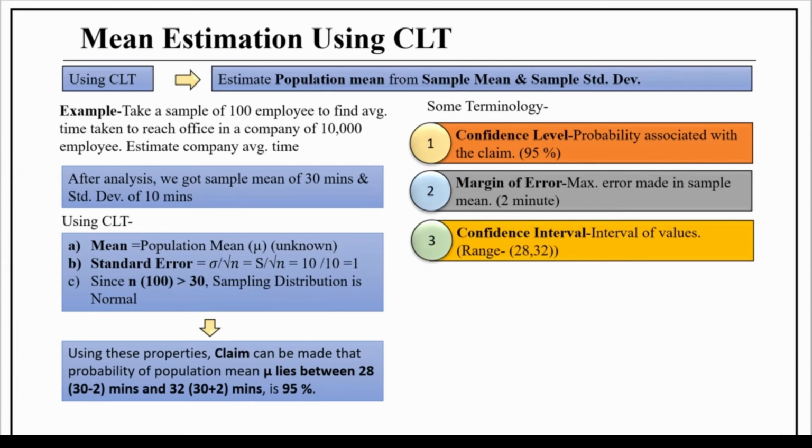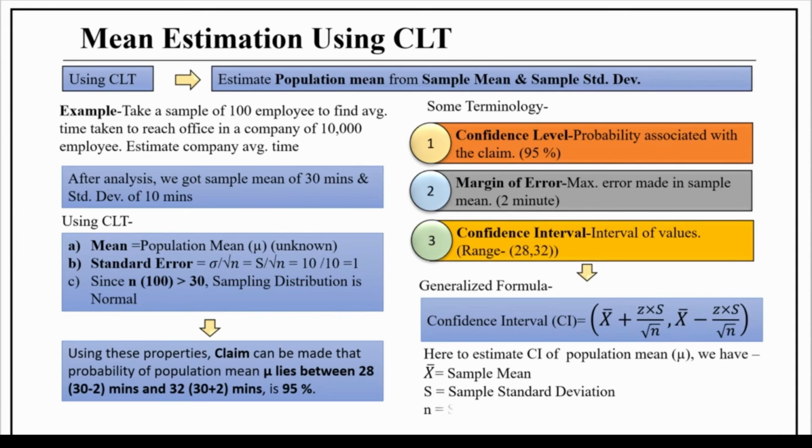Now we will generalize the confidence interval into a formula, and it is x bar, that is sample mean, plus or minus z into s, which is a sample standard deviation, divided by square root of n, which is sample size. And here z is associated with the confidence level, that is 2 in the last question for 95% confidence level.